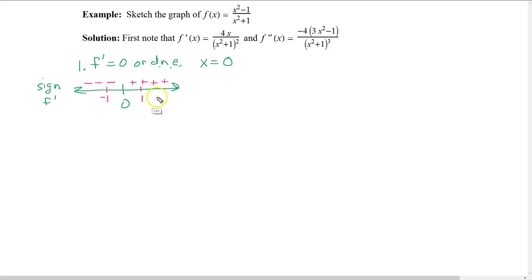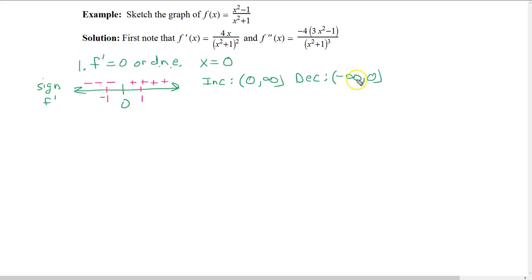So there, that's where we are increasing and decreasing. So we're increasing from 0 to infinity, and decreasing from negative infinity to 0. And we have a relative minimum at 0. Our function is decreasing and then increasing.